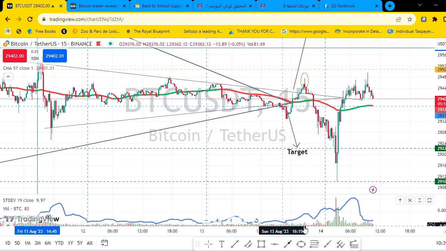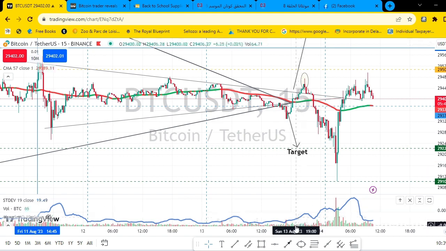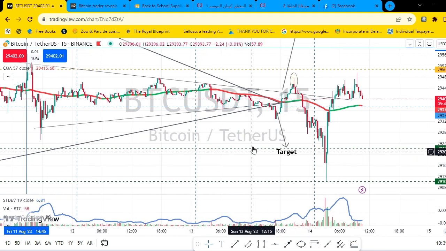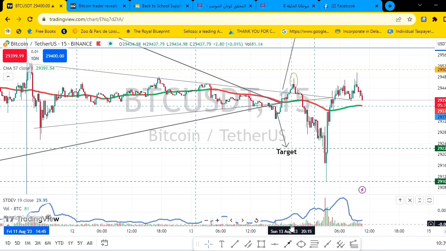It's the volume. If you can see here, the volume was not significant, as you can see here, right? So even if the price went higher, volumes were not indicating any momentum.